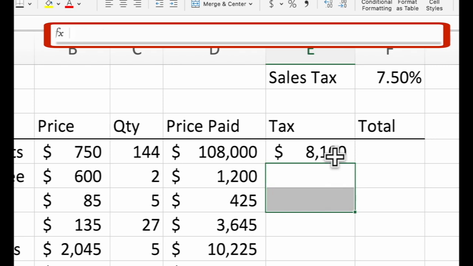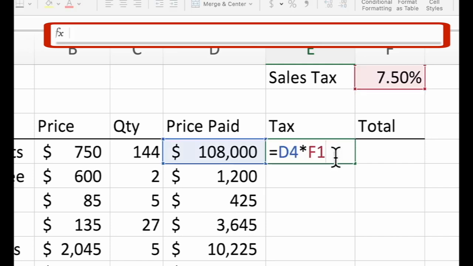What they do is they will tell it, do everything normal, except sometimes I need to stay where I am. So in this case, this is what it's going to look like. D4 times F1. As it goes around, I want it to always go to row 1.